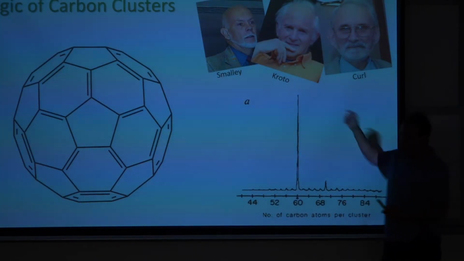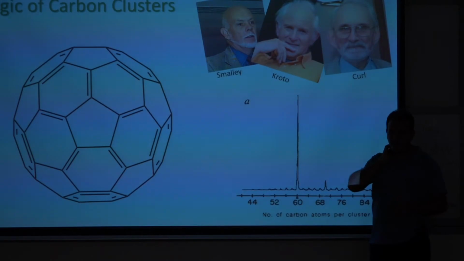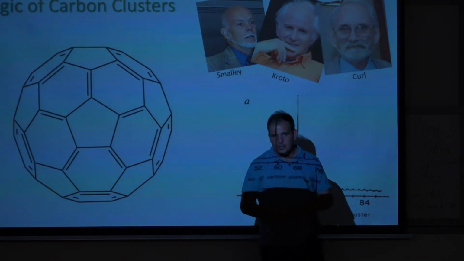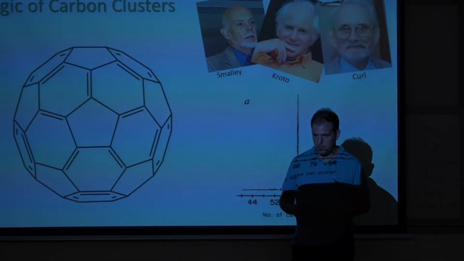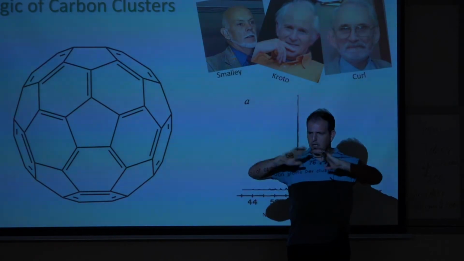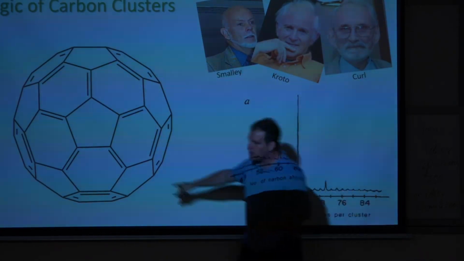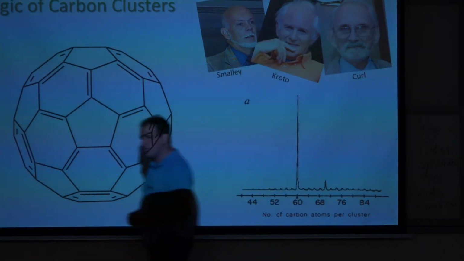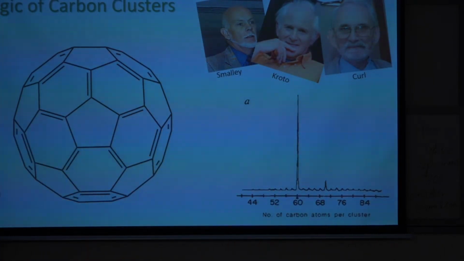So Smalley called friends of his that are mathematicians and asked them, what is this structure? And they said, this is a truncated icosahedron. I showed you an icosahedron before. If you start cutting the corners of an icosahedron, then you can get this shape. But then they said, don't call it a truncated icosahedron, you can just call it a football.